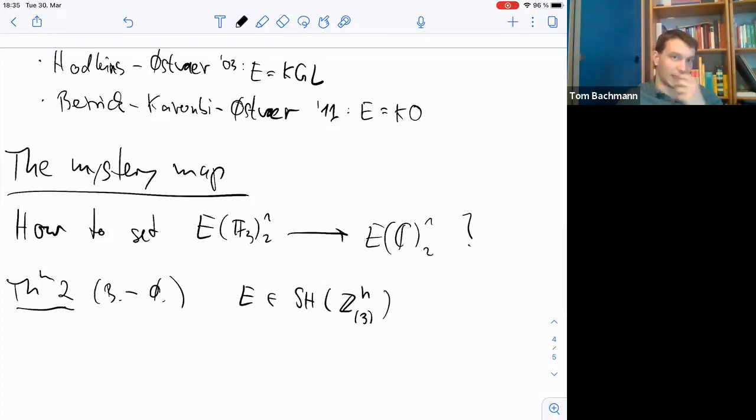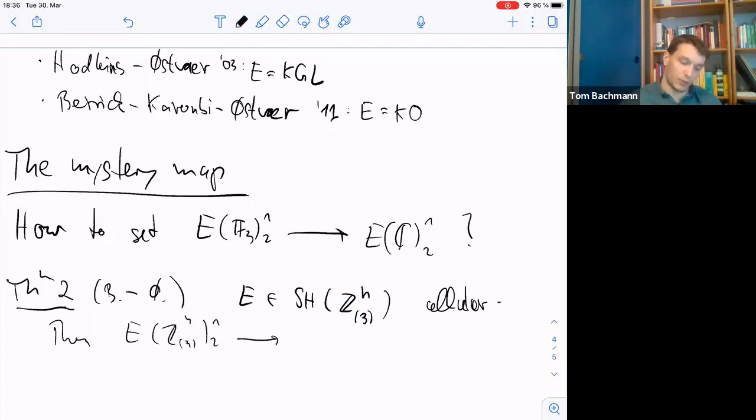They satisfy an algebraic equation with integer coefficients where you invert all the numbers except for 3. You can already guess there's going to be a generalization, but let me state this. Let E be cellular. Then the map pulls back to E of F3, and this is going to be an equivalence.